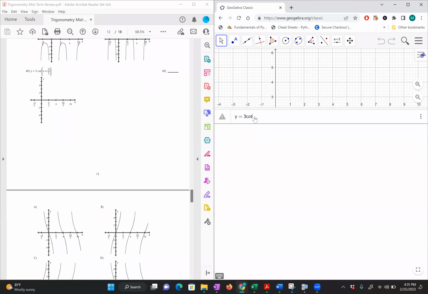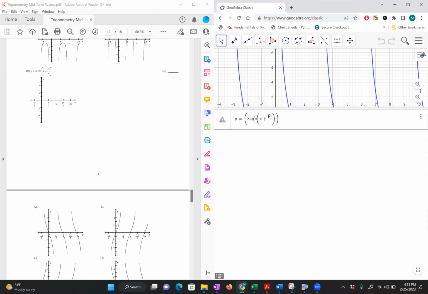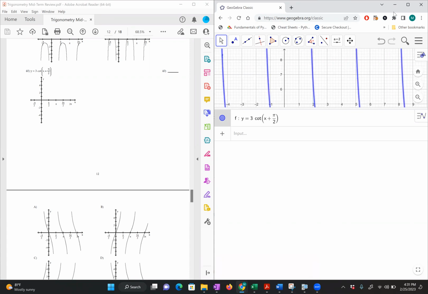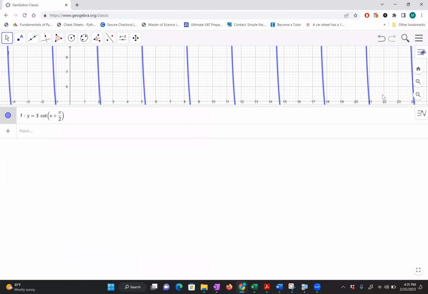So you have 3 cotan, and then in here you have parentheses x plus pi over 2. And that's what this looks like. I'm going to go to move. Should be able to pull it down. This is quite annoying sometimes.